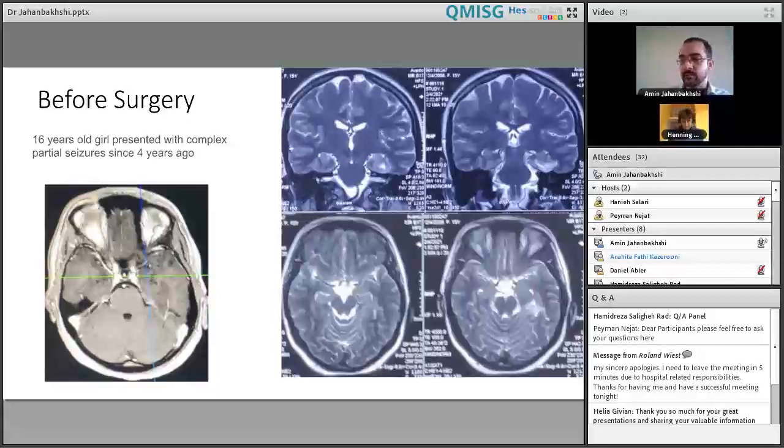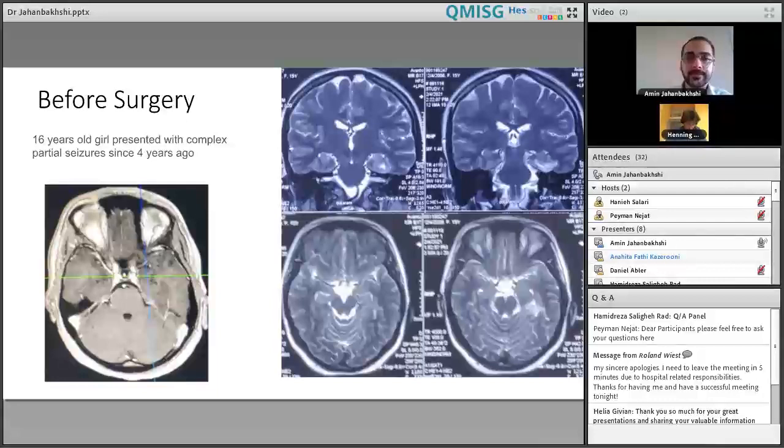So it is very important for us to decide what to do, if it is a tumor or it is a developmental problem, or it is maybe a post-traumatic event in the medial temporal lobe. According to the seizure history and the location of the lesion that can define the seizure, we decided to perform surgery.